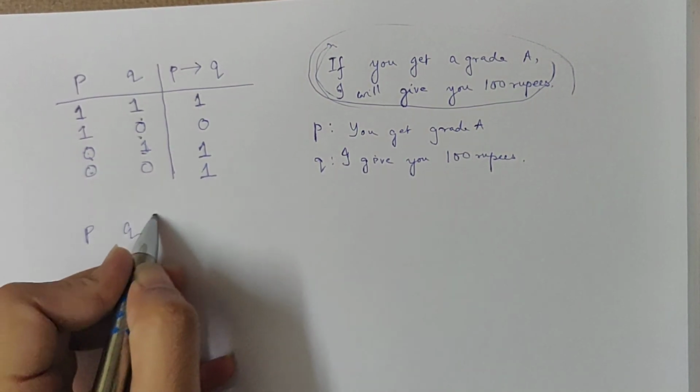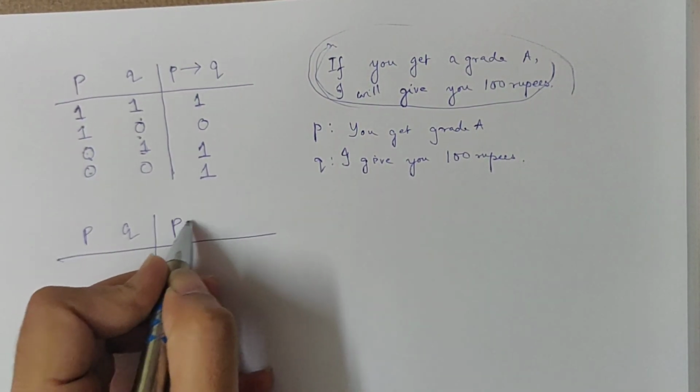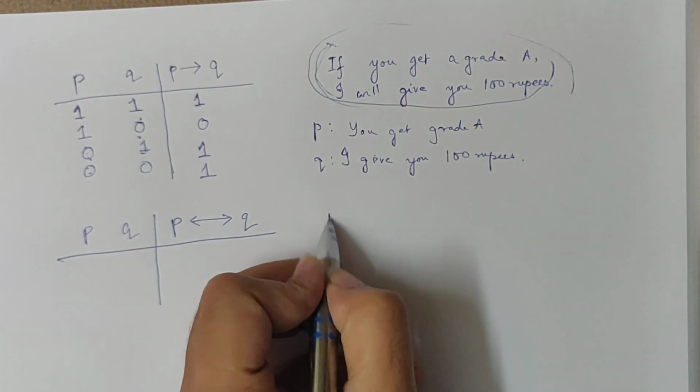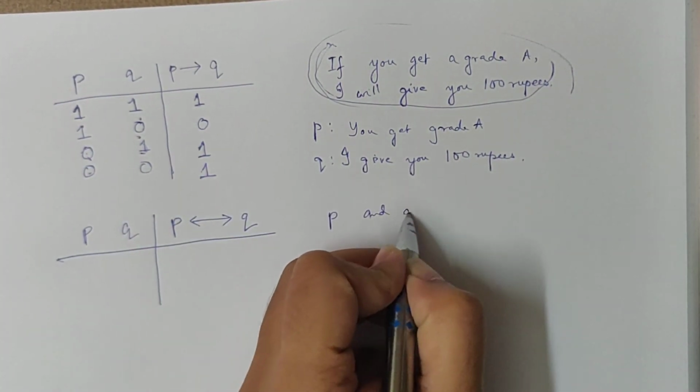Let's come to the truth table for biconditional. The other name for biconditional is equivalence. It means P and Q are equivalent sentences.